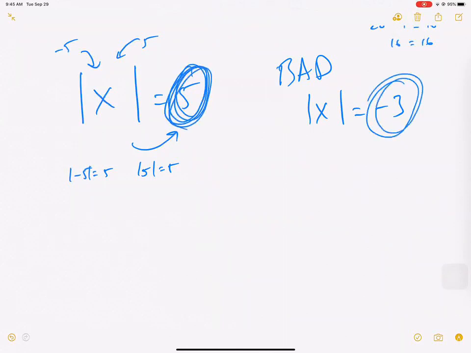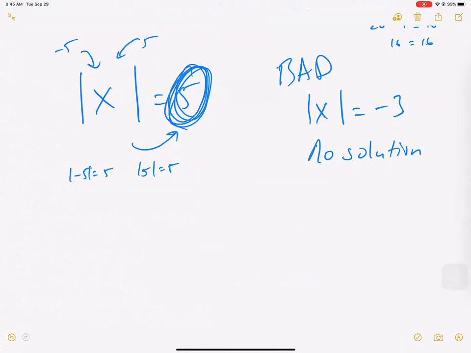How come you're trying to tell me it's a negative now? And the answer is no solution. There is no answer to this. This is like a dumb question. Hey, what number of an absolute value would make it negative? And we just said absolute values always make numbers positive. So this is no solution because this is never going to work.